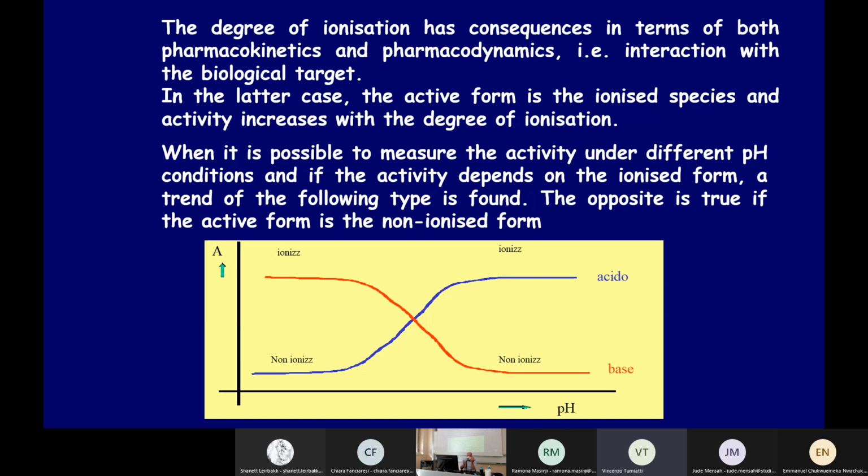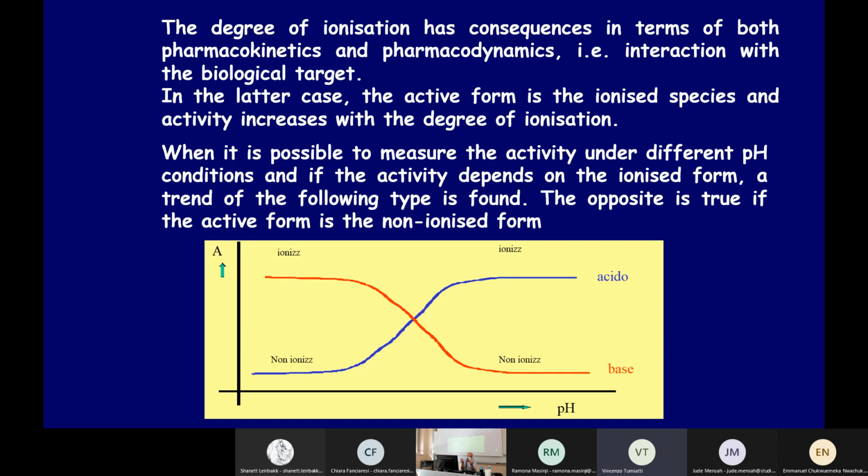So our drug should be present in two forms everywhere. The unionized form is necessary to cross the membranes, yes. But the ionized form is important to have the interaction with the target.